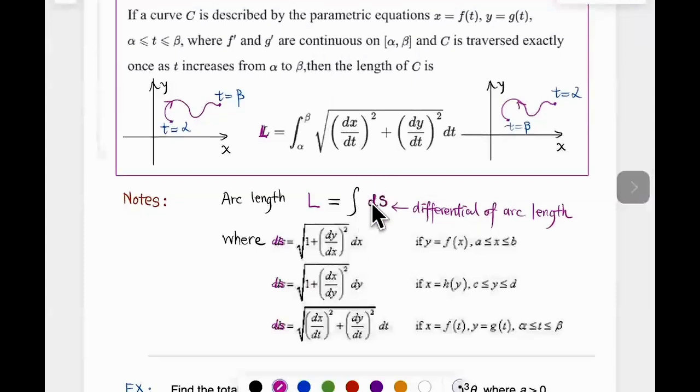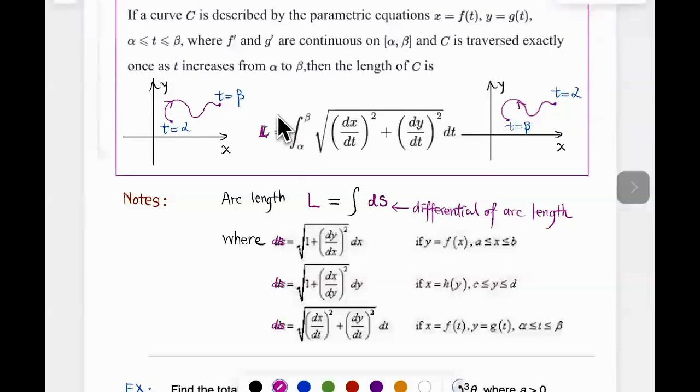It's the integral of the differential arc length, and the differential arc length will use this formula: the square root of (dx/dt) squared plus (dy/dt) squared, times dt, where t goes from alpha to beta.